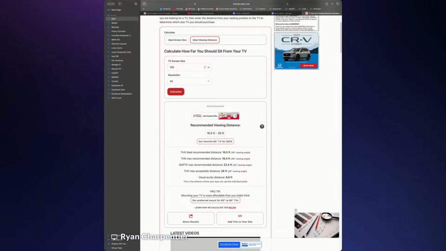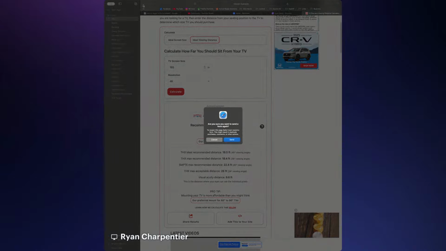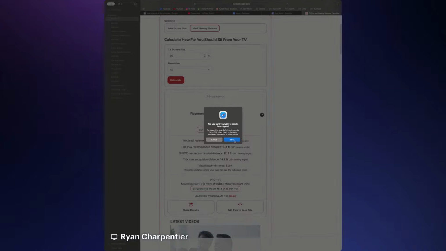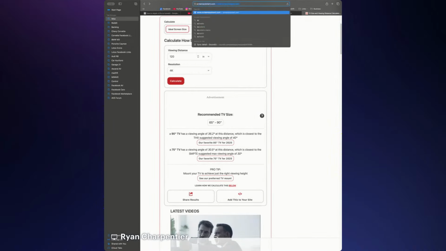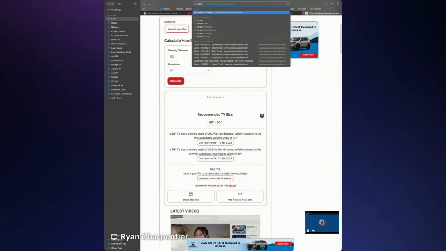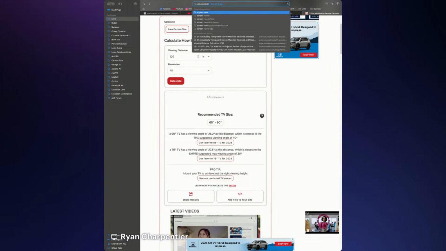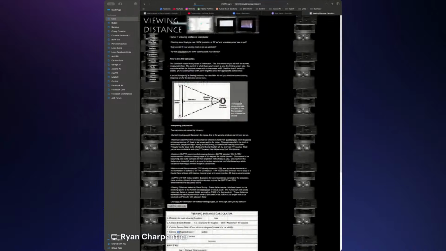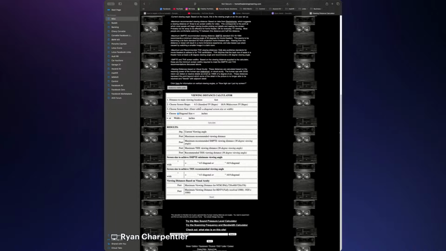Can I calculate this? Does anybody have a calculator that'll actually tell me what the viewing angle is? I think this one will.